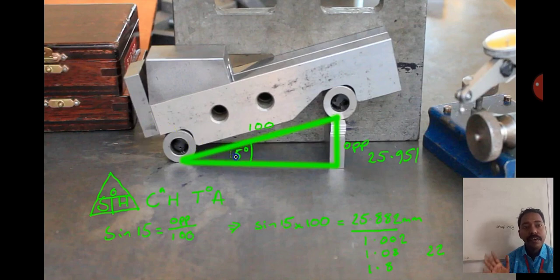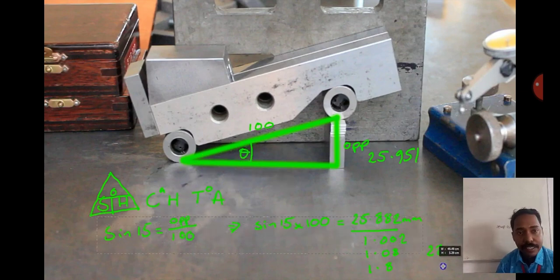These are the major conclusions in the sine bar calculations. If you follow these concepts, you can definitely avoid failure in the sine bar.